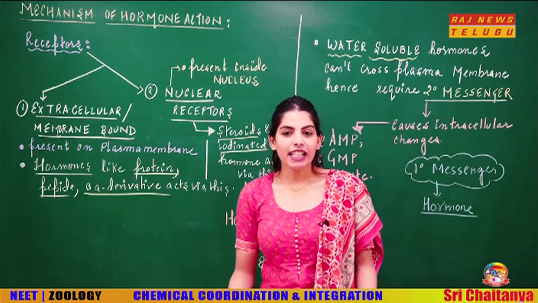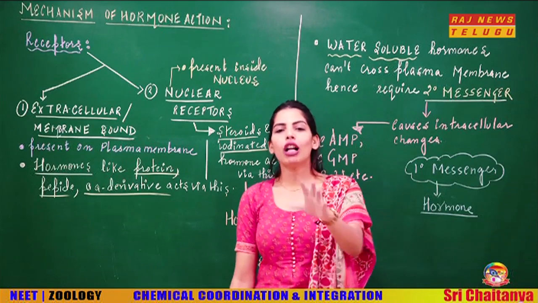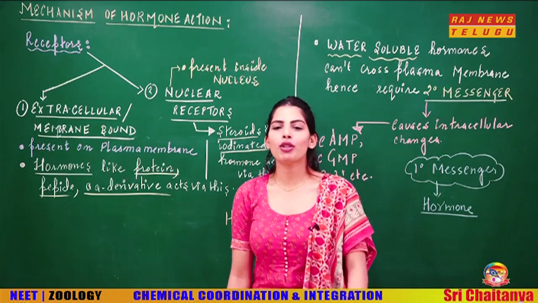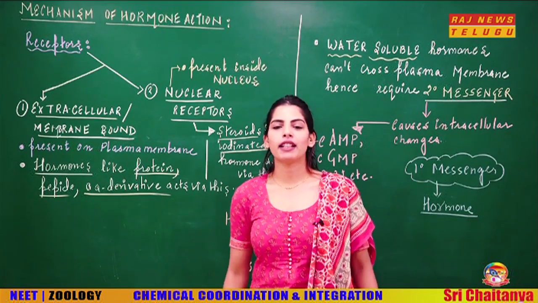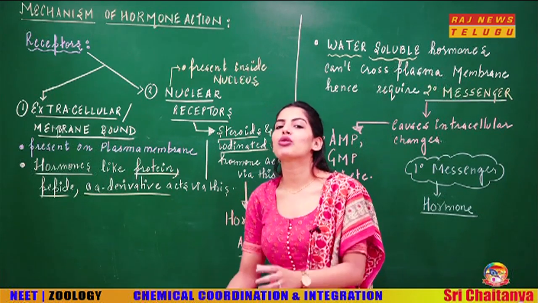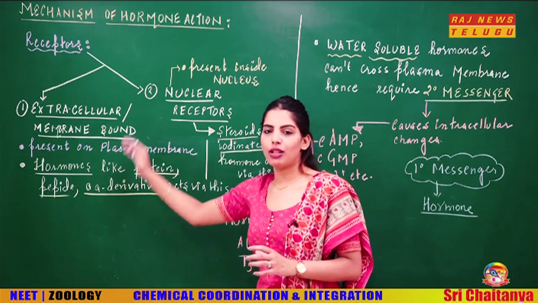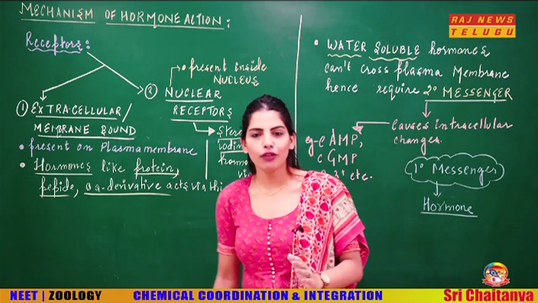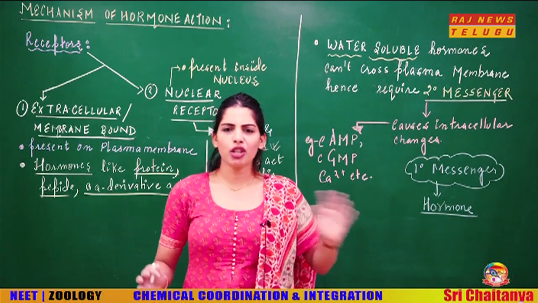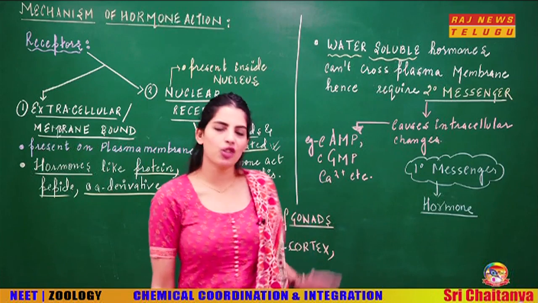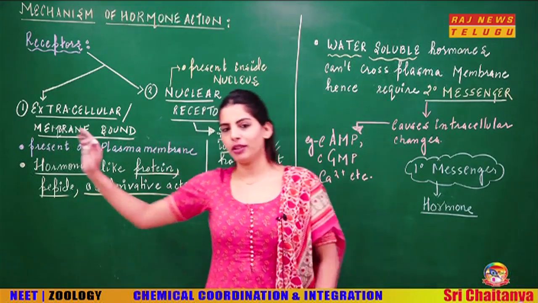So very easy: all the pituitary hormones, all the hypothalamic hormones, hormones of pineal, hormones of pancreas will belong to the category of extracellular receptors. Is it clear for all of you to very well understand which hormone is going to act via which receptor? Just remember this part, you will remember this part.